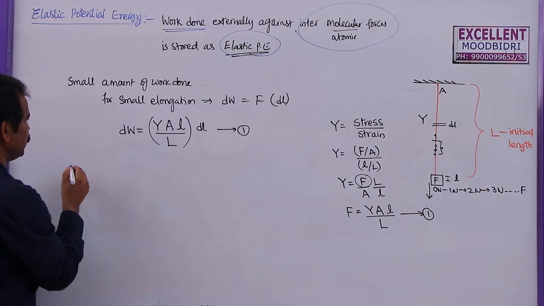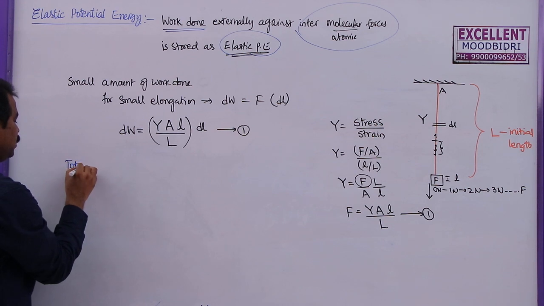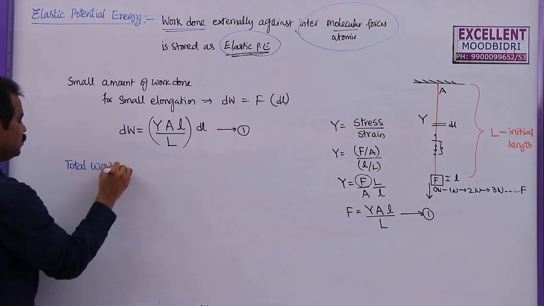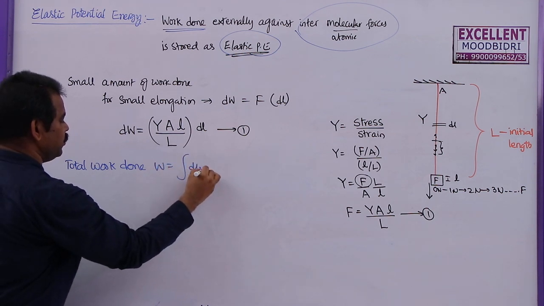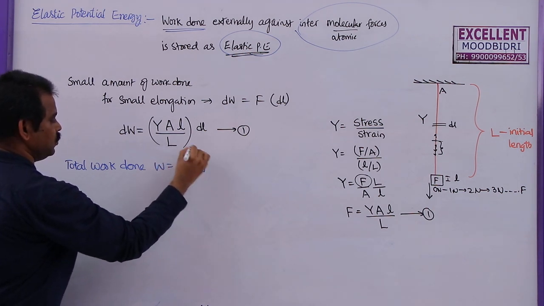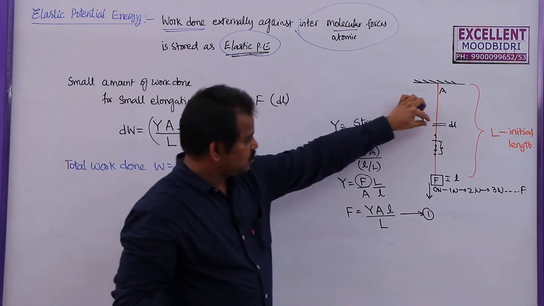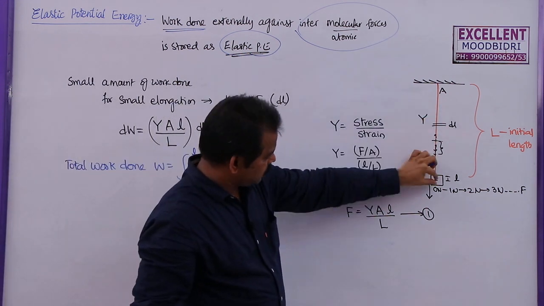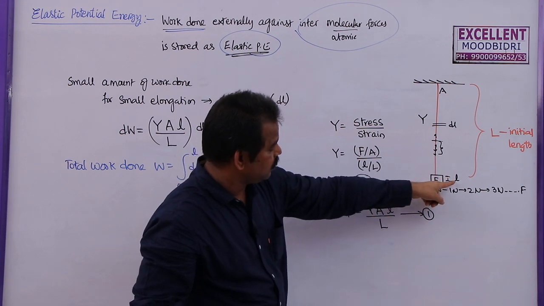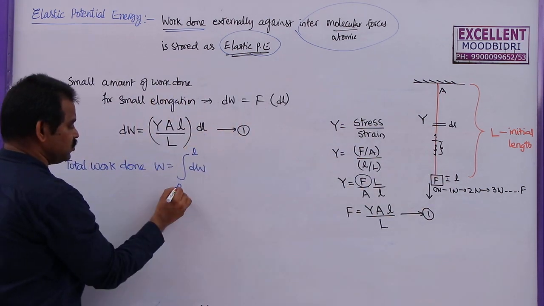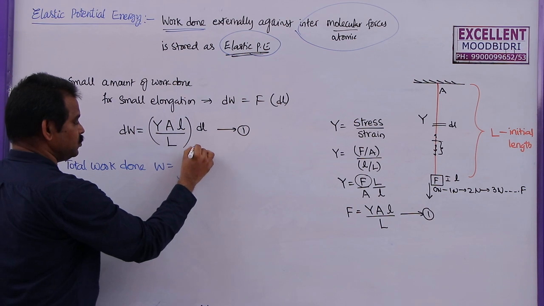First of all, let me find out the total work done. The total work done W is given by the integration of dW from 0 to l, because the initial elongation was 0 and the maximum elongation produced in this wire is l.